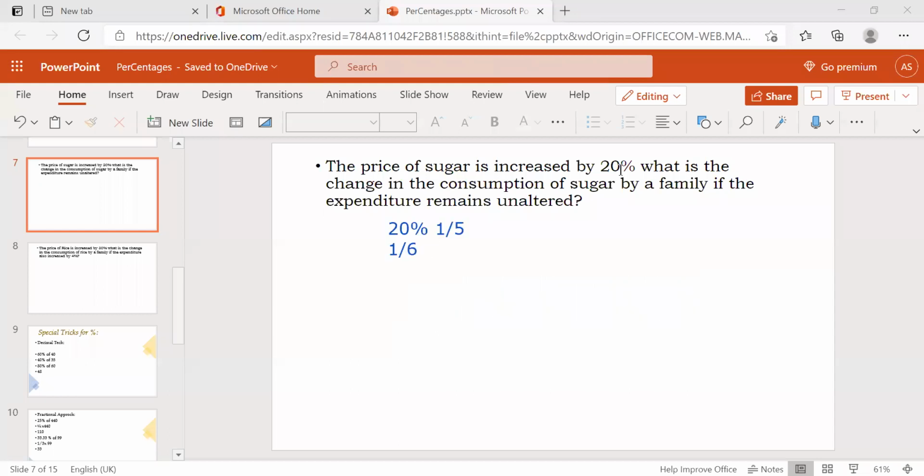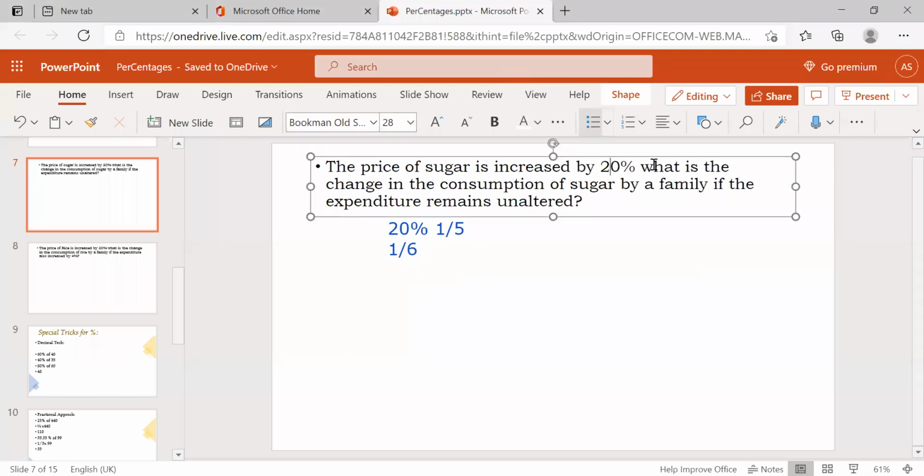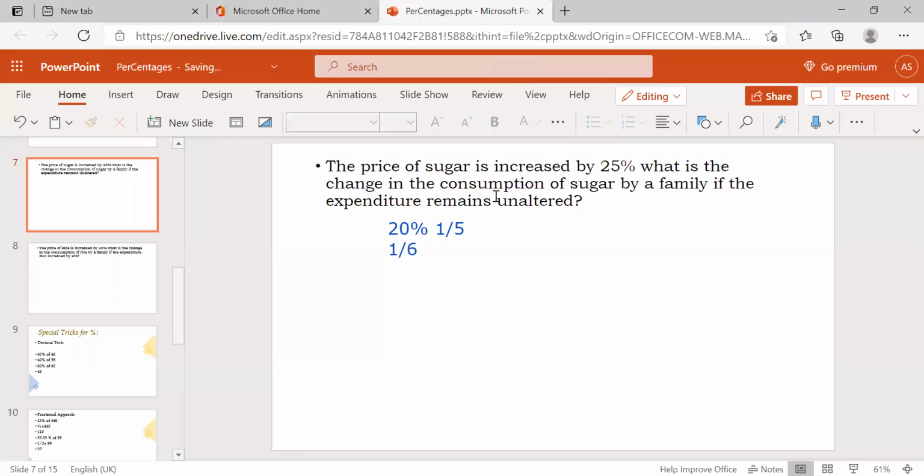So for example, what was the first question? The first question was 25%, right? We discussed 25%. Did you note down that one? No? Okay. If 25% increases, then 25% is nothing but 1 by 4 as a fraction.